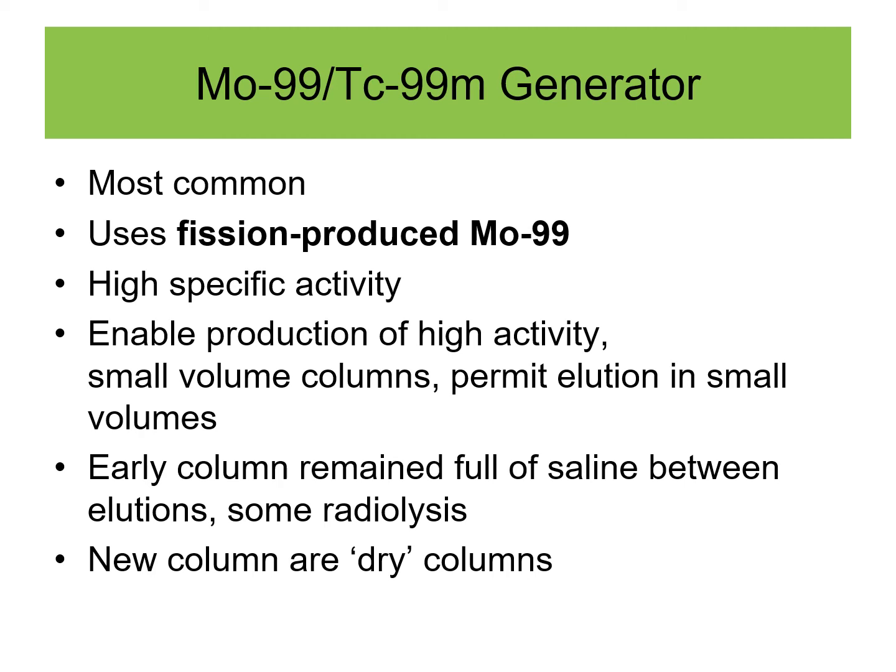I hope you can still remember from our previous discussion. Fission-produced molybdenum-99 provides a high specific activity of molybdenum, and it can be produced in high activity and requires small volumes of elution. During the early days of development, the column remained full of saline between elutions, which results in some radiolysis, but the later development produces a dry column, which could be discussed during our class tomorrow.